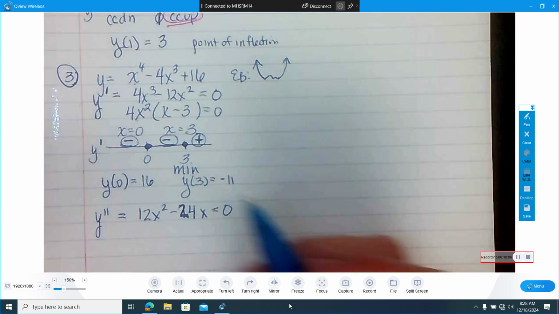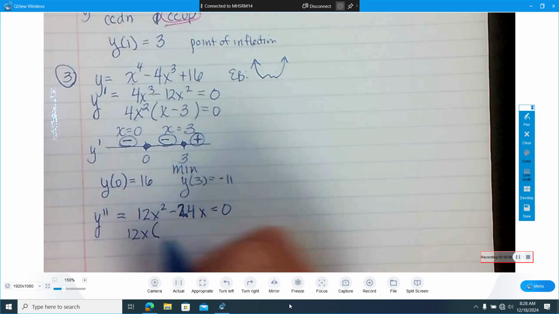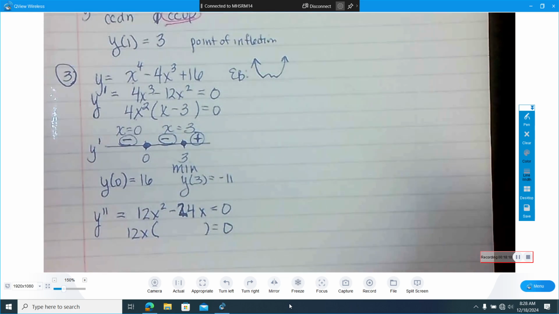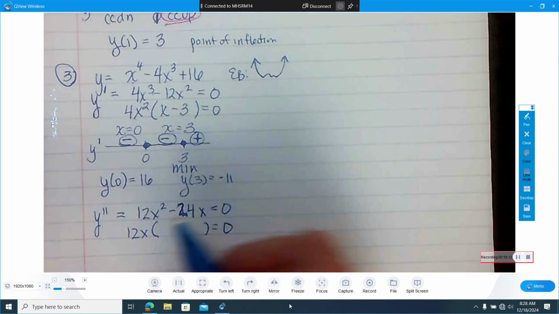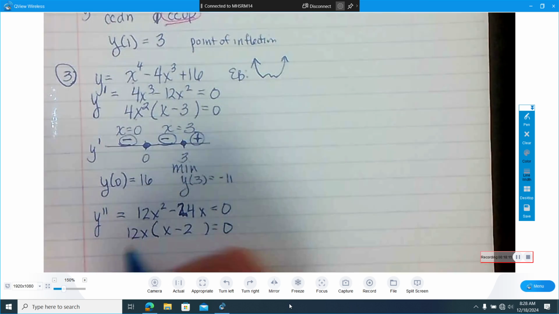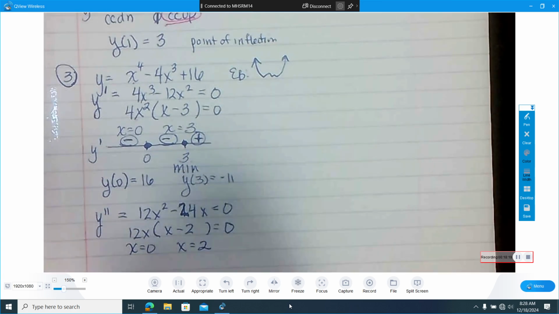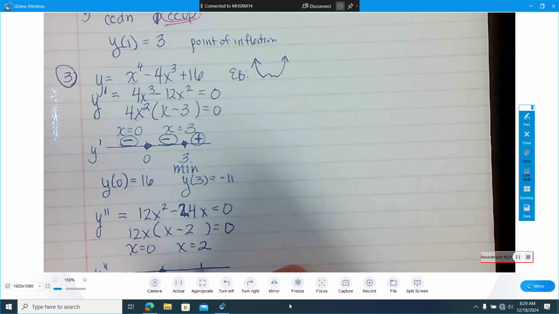A 12x. I take out a 12x, what's left behind? Setting those equal to 0, we get x equals 0 and x equals 2. So these are potential points of inflection. They do have values of 0.